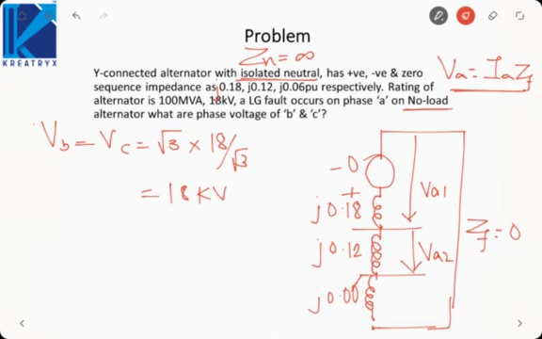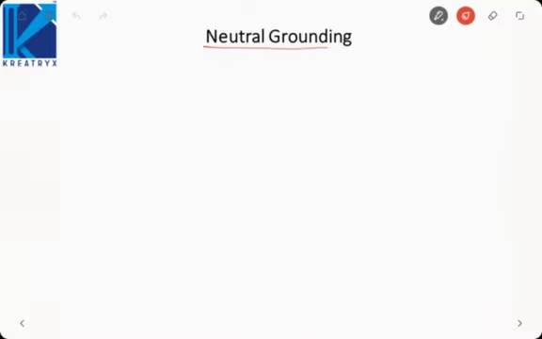So now if you see here, the phase voltage magnitude becomes equal to the line voltage if the neutral of the system is left isolated. That means high voltage will be induced in the transmission line if you do not ground the neutral of the system. That is why we need neutral grounding to avoid high voltages.